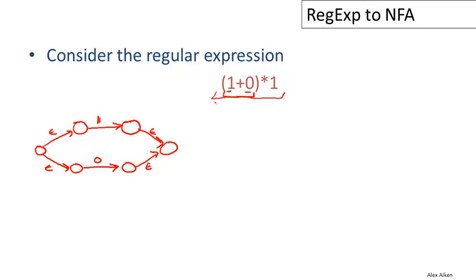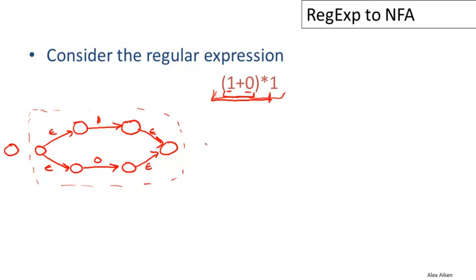Okay? And now we need to iterate this, so we need to be able to accept 0 or more 1s or 0s. And so we're going to take this entire block here and paste it into the pattern that we had for iteration.